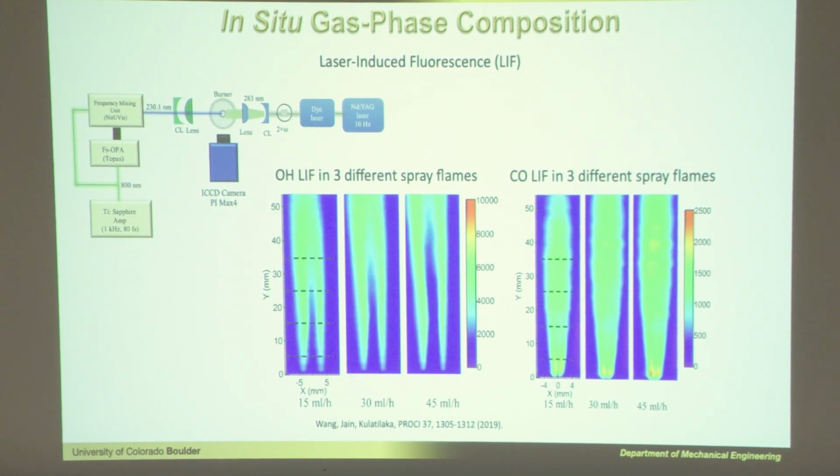It's a big oxidizer. So you might want to have LIF measurements of OH in your flame. You can use this technique to measure OH. You can measure NO. There are a whole bunch of species you can measure using LIF. Okay.